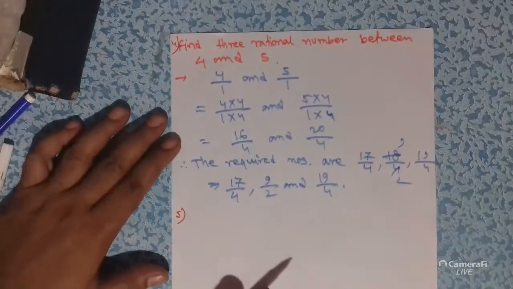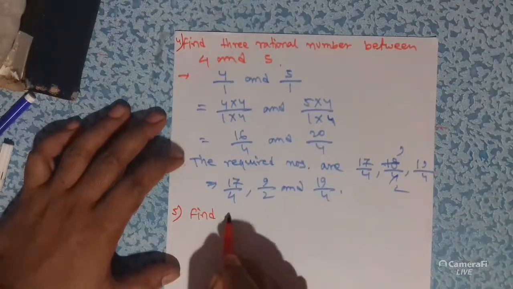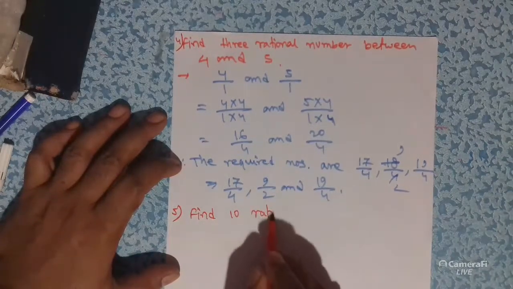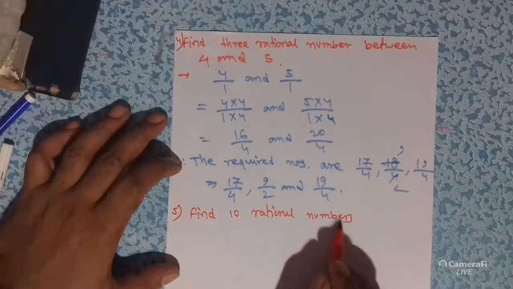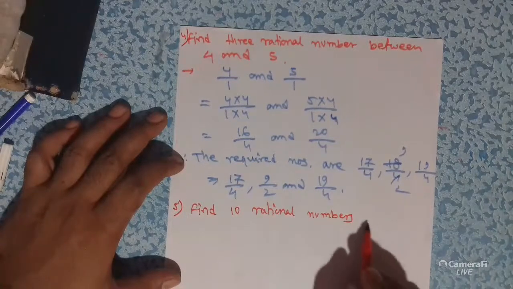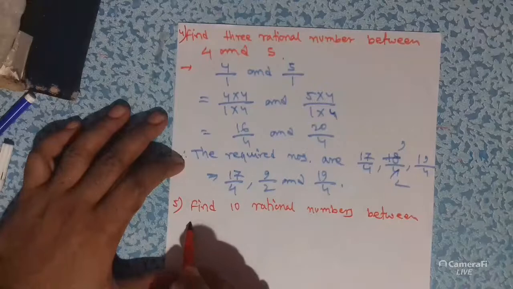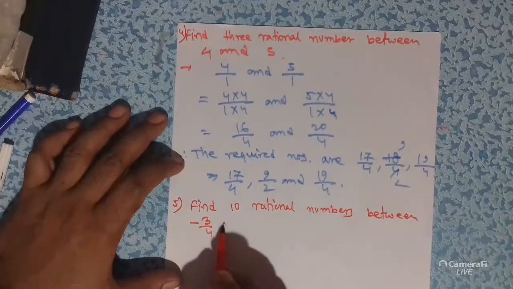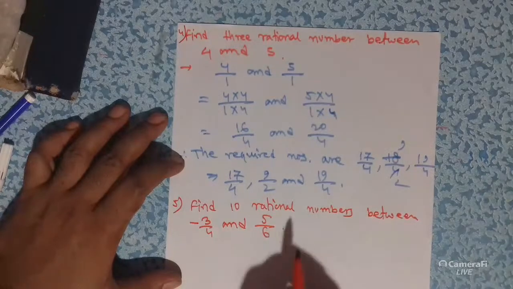So solve another one. Find 10 rational numbers between -3 by 4 and 5 by 6.